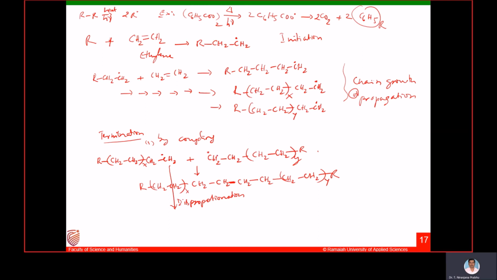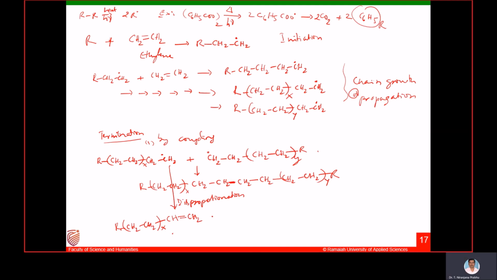Okay, it will form CH3 here, right? And the one which has given out one hydrogen, another electron combines with this and forms a double bond here. So I will write here R CH2 CH2 X times. Here one hydrogen has gone. Okay, only CH is there. Now this is formed. This is stable now.